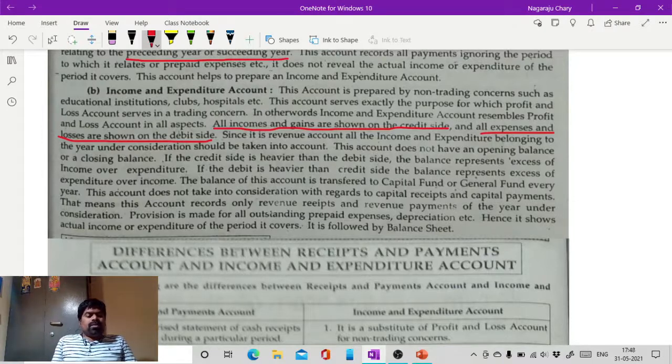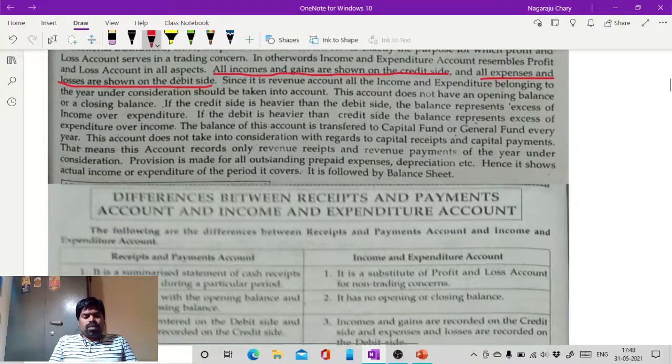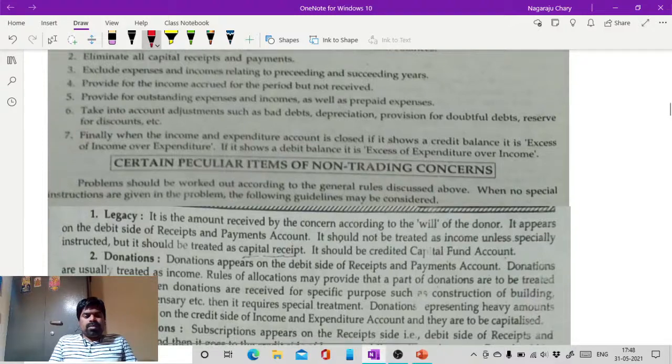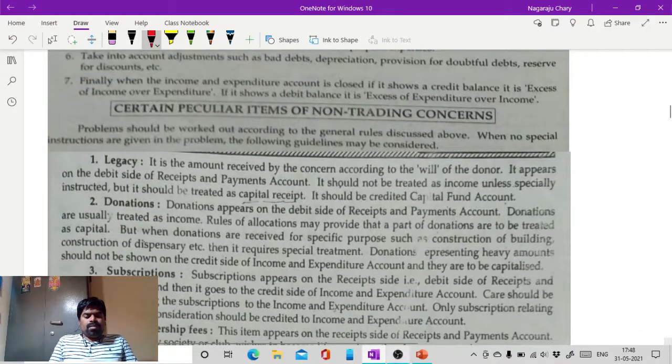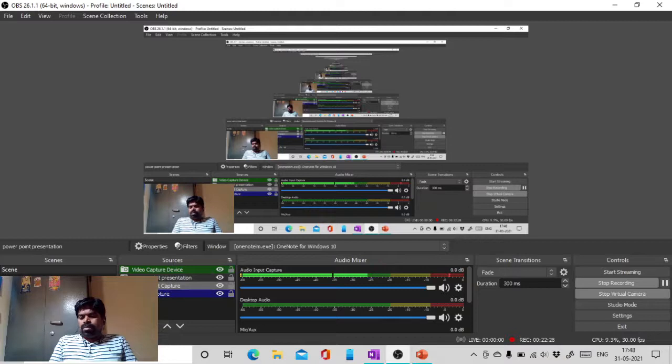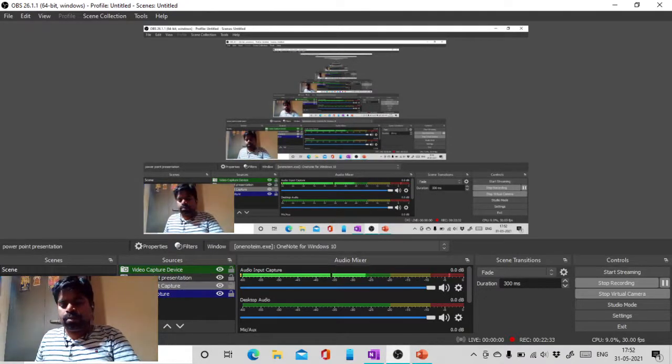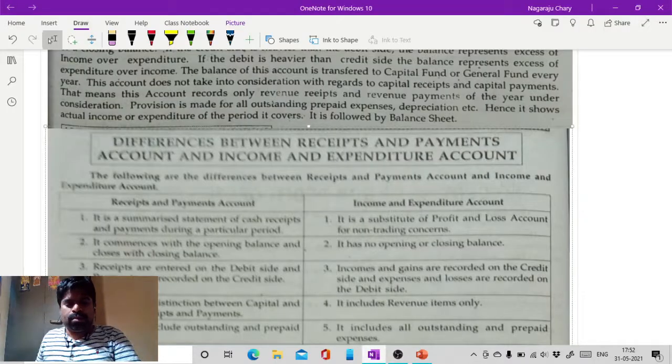And one more thing. Let us know the differences between these two.